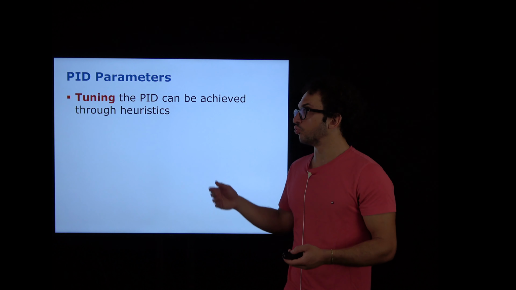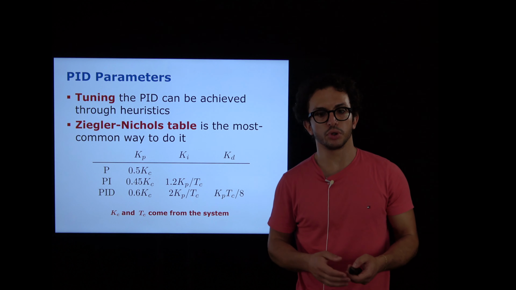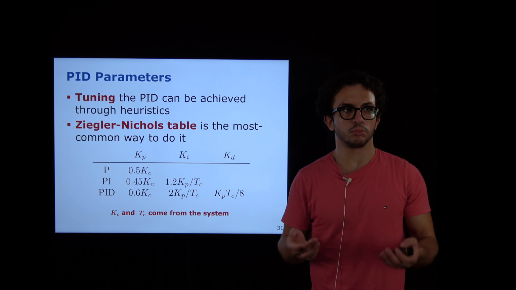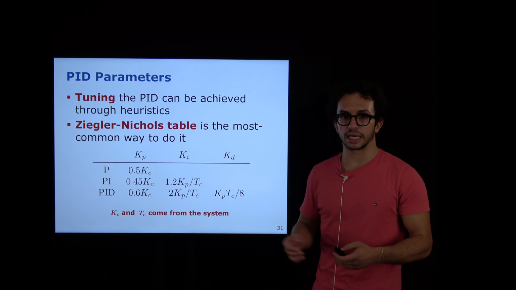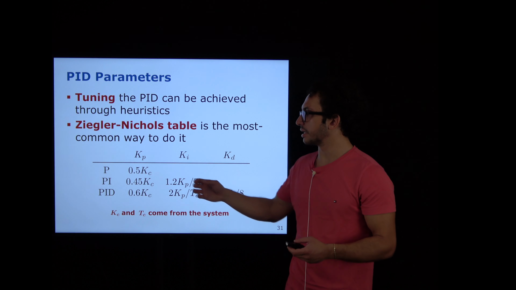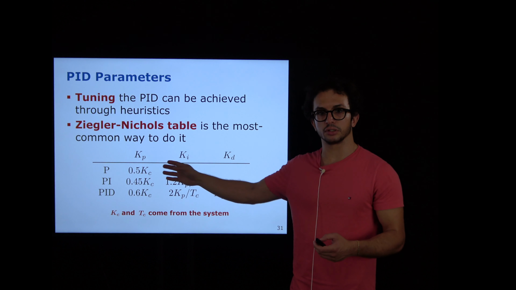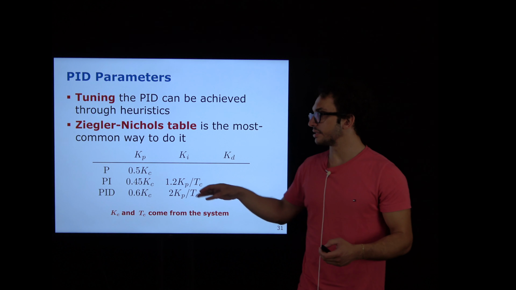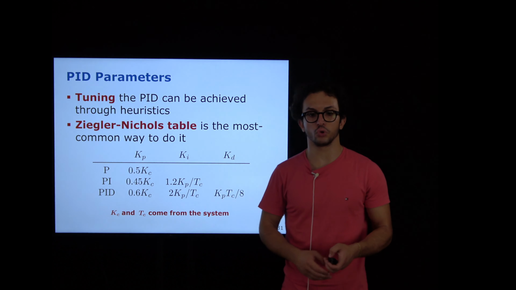There is one method called the Ziegler-Nichols table, which is the most common way to at least have an initial guess of how to tune the PID parameters, and it gives you some guidelines for setting the three gains in case you're using just a proportional controller, PI, or a PID controller.